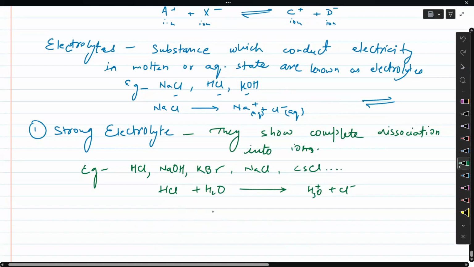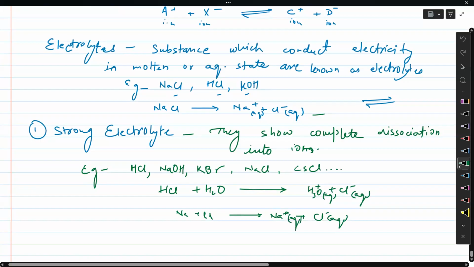So these two will form in aqueous state. In the other example, NaCl will dissociate into Na plus and Cl minus. There is complete dissociation into ions. That is why they are known as strong electrolytes.